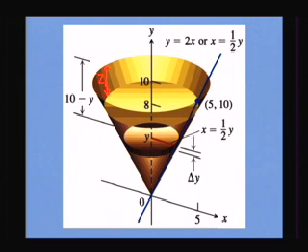And some of the other information that we need to look at. Well, what we're going to do is look at these little cylindrical discs, which have a height of dy and a radius of 1/2 y.